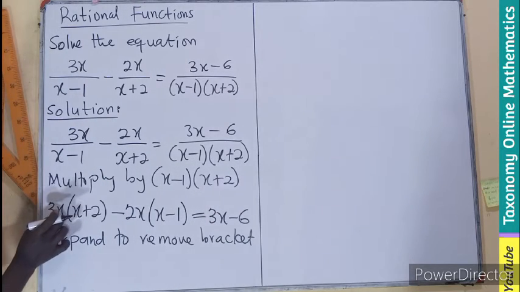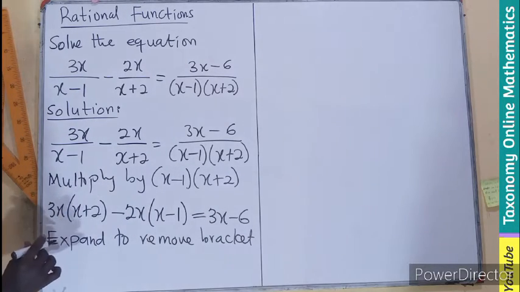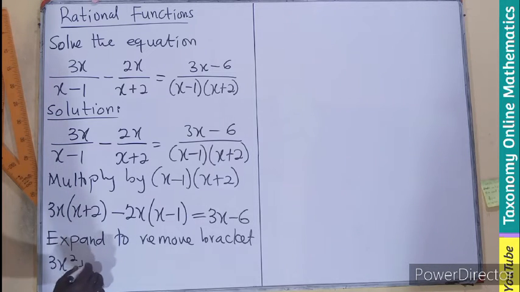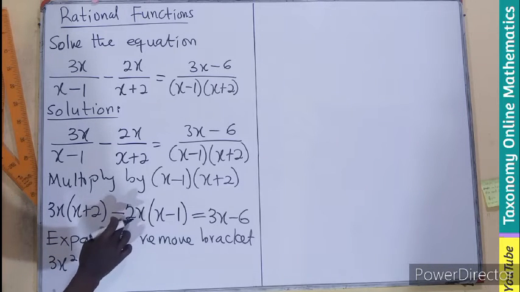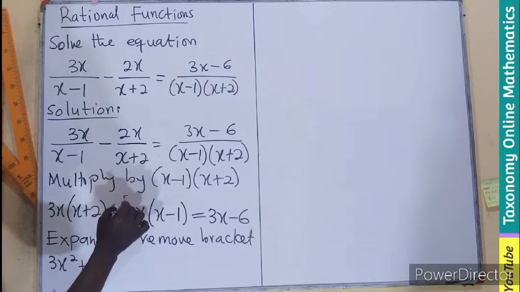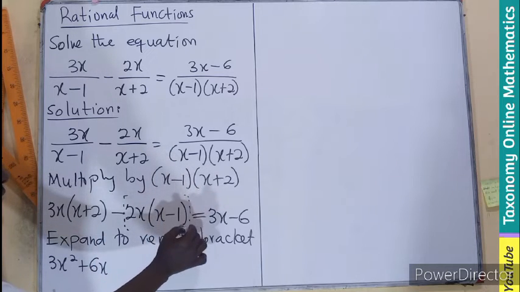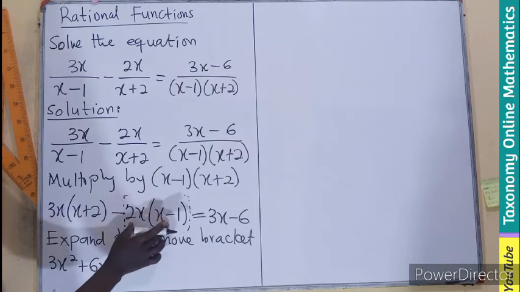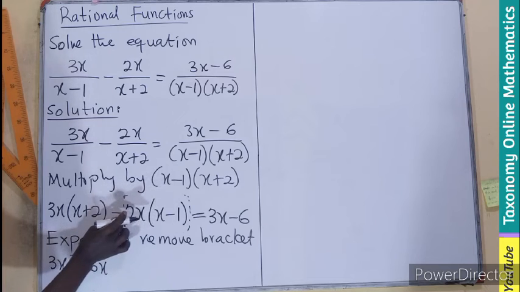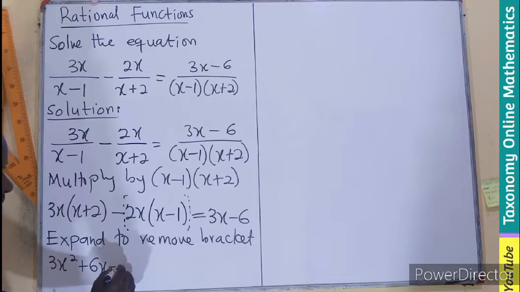And what is that going to be? x times x, that will be x squared, with the 3. So 3x squared plus 3 times 2, 6x. Now, in the case of this, we are taking this as one factor. We finish the expansion, then we introduce a minus. So I have my minus.